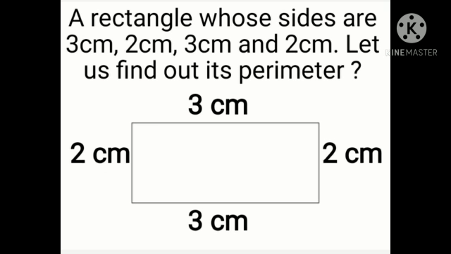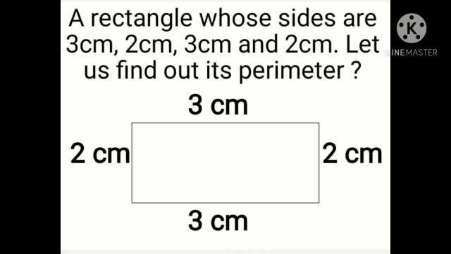Our first sum is a rectangle whose sides are 3 cm, 2 cm, 3 cm and 2 cm. Let us find out its perimeter. Here you all can see a rectangle measuring 3 cm, 2 cm, 3 cm and 2 cm.